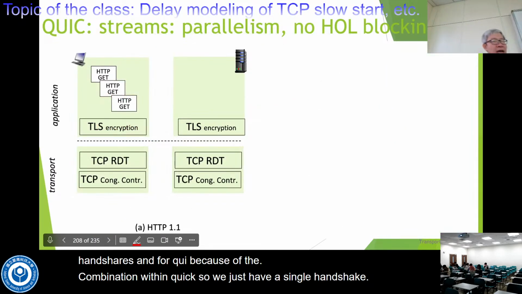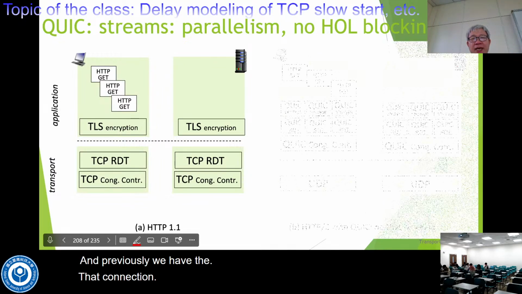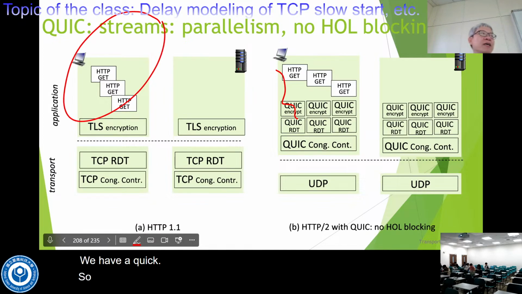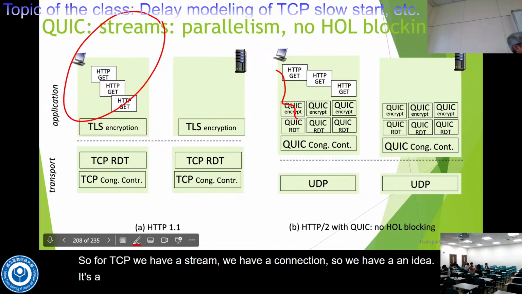And previously we have the connection, and here we have QUIC. So for TCP we have a stream, we have a connection. So we have an ID: it's a connection, and all the data should follow the same ID.